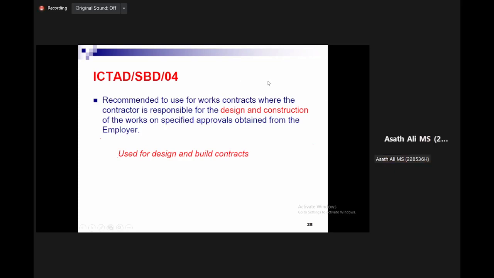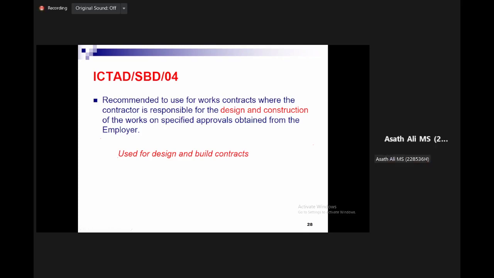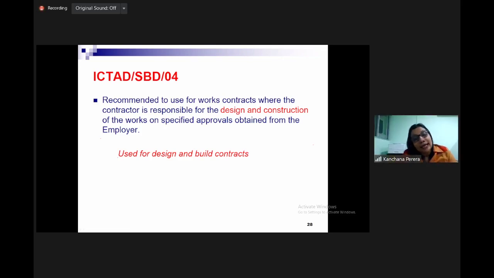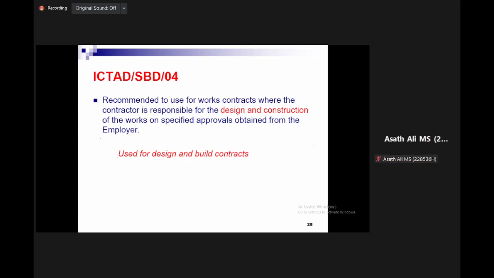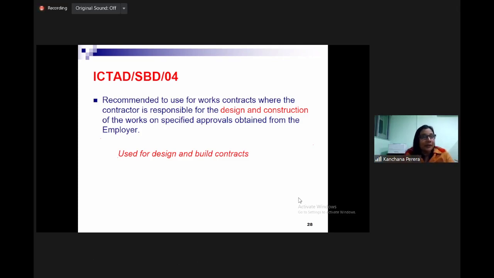Madam, under design and build, the contractor may select one designer or someone for the design? He will join with a designer and come as one group to the client. Can you understand? Definitely they will join with the consultant, right?